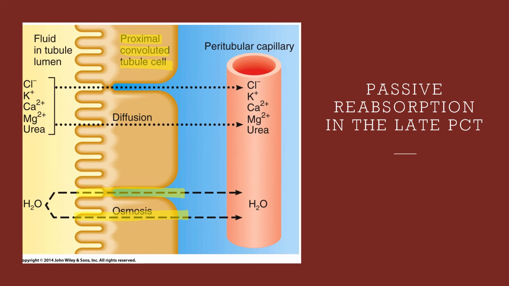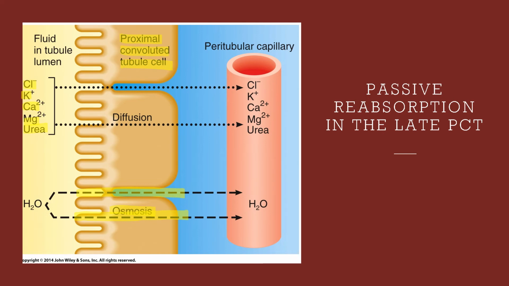So in other words, reabsorption of solutes like these solutes here creates an osmotic gradient that promotes the reabsorption of water by osmosis. Cells lining the proximal convoluted tubule and also the descending limb of the nephron loop are really permeable to water.